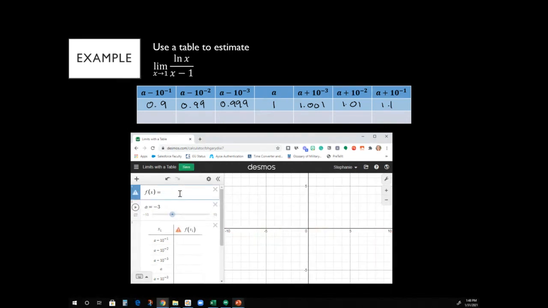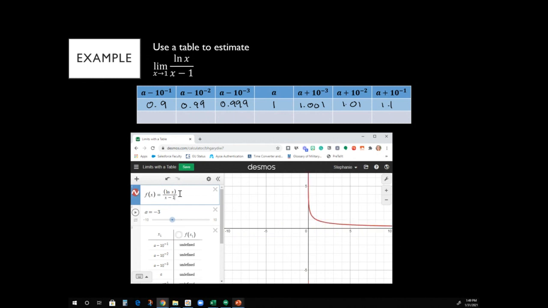But I'm going to enter in the natural log, and Desmos knows what that is. So that's really nice. Okay, and you have to be very careful because I didn't put parentheses around the natural log of x, and it wanted to put only the x in a fraction, but the whole natural log of x is in the fraction. So that's why I had parentheses there.